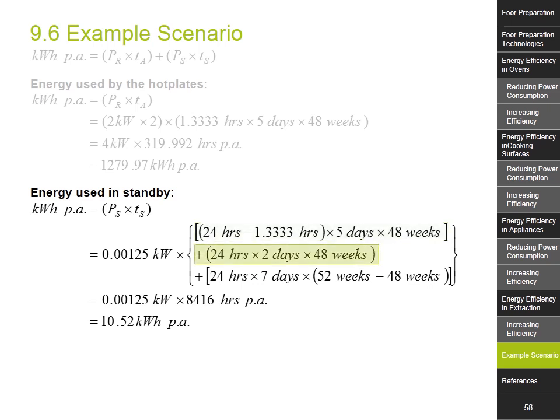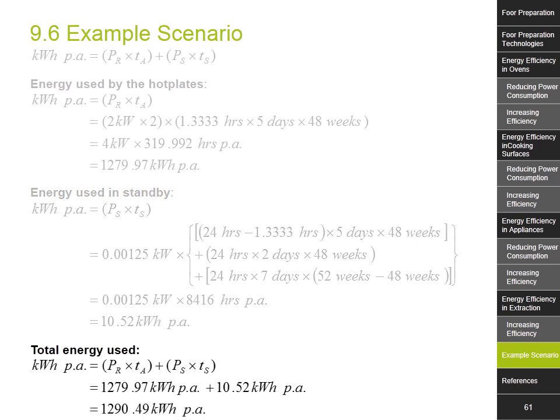The second part accounts for full weekend days of standby in the 48 occupied weeks. And the third portion calculates the standby power used for the full weeks per year the office is not occupied. This equals 8,416 hours of standby per annum and amounts to an additional 10.52 kilowatt hours per annum.